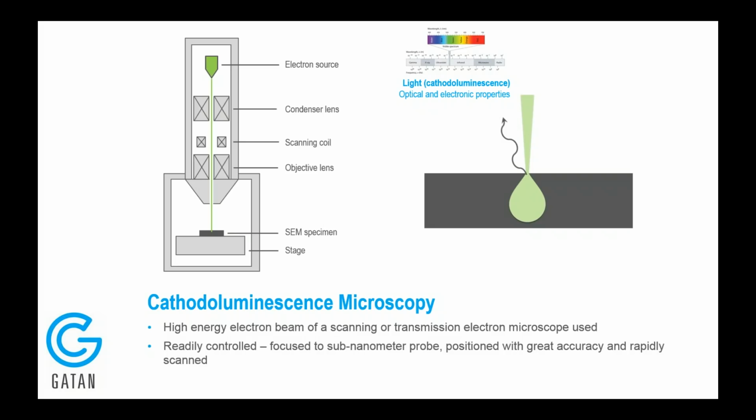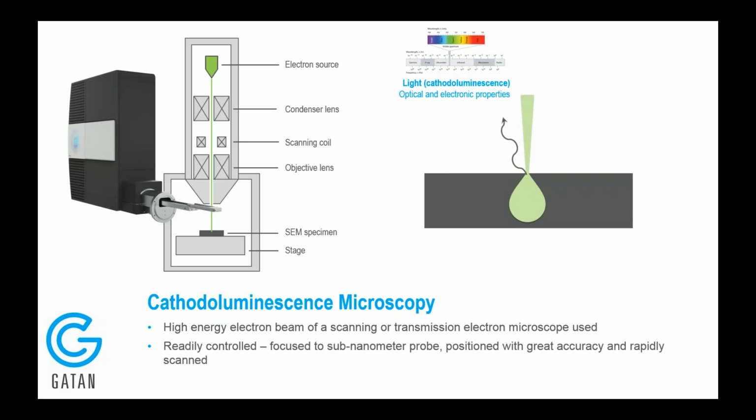Electron microscopes are really useful, because not only do they give us a source of excitation for getting the light out of our specimen, but the electron beam can be readily controlled. What I mean by that is that we're able to focus it down to potentially sub-nanometer probe sizes. We can position it on a sample with very high precision, and we can rapidly and controllably move that around a specimen to analyze specific regions of the sample, or scan it to form a map.